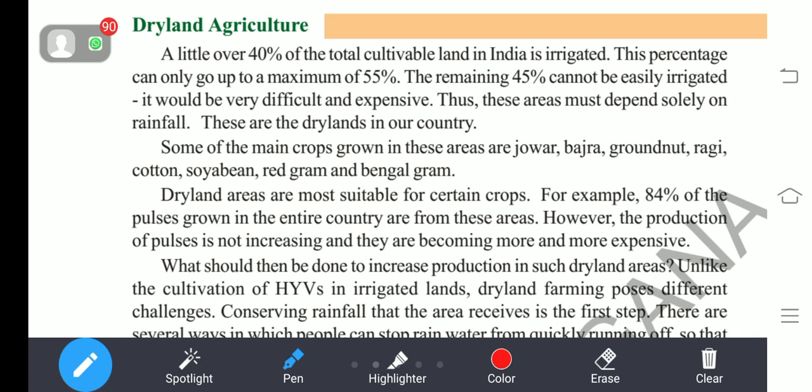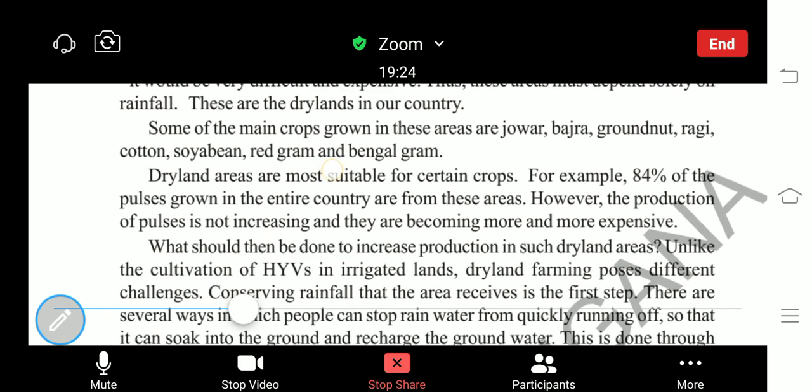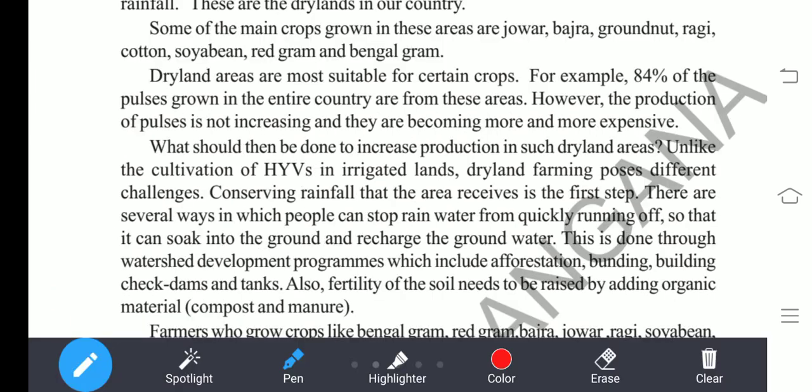Understand? See, in irrigated area, irrigation is provided and HYV seeds are used. In irrigated area, irrigation is provided along with the HYV seeds.